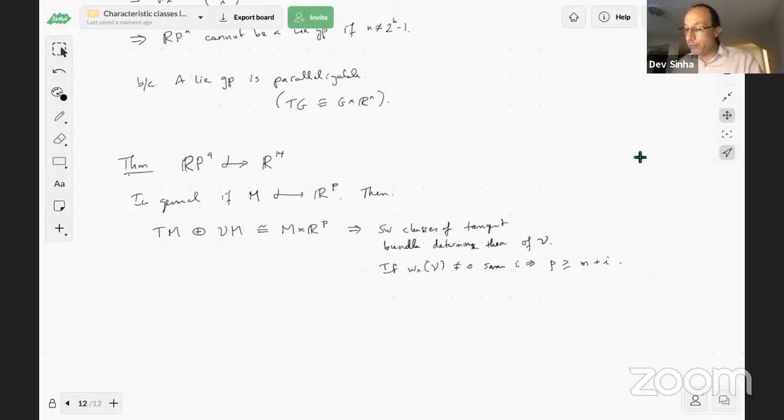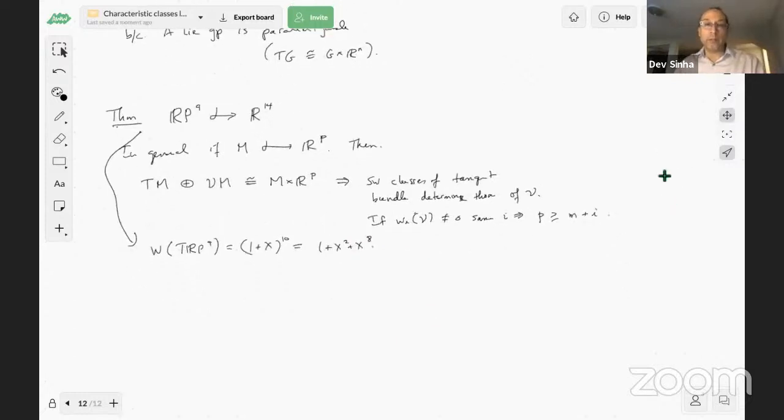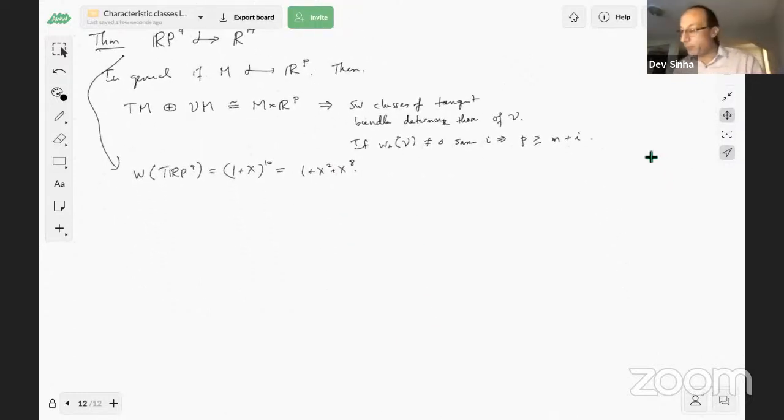So in this case, we find that the total Stiefel-Whitney class of the tangent bundle of RP9 is, well, it's (1 plus x) to the 10th power, which is 1 plus x squared plus x to the 8th. Remember that the top power doesn't occur because we're on RP9, so x to the 10th is 0.